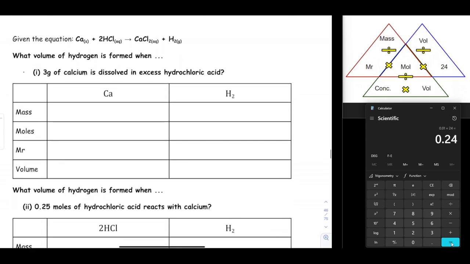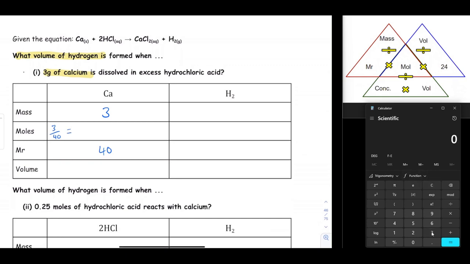Okay, given the equation, what volume of hydrogen is formed? So what volume of hydrogen is formed when 3 grams of calcium is dissolved into excess hydrochloric acid? So I look at my equation, I check that it's balanced, and I put in what the question tells me. I've got 3 grams of calcium. The MR of calcium is 40. I can do 3 divided by 40 to give me my moles.